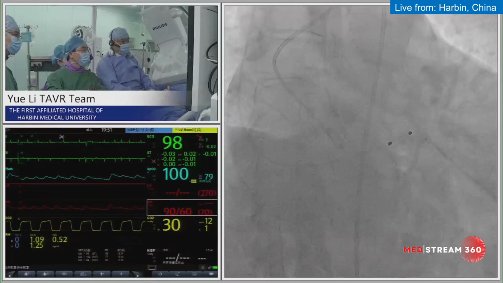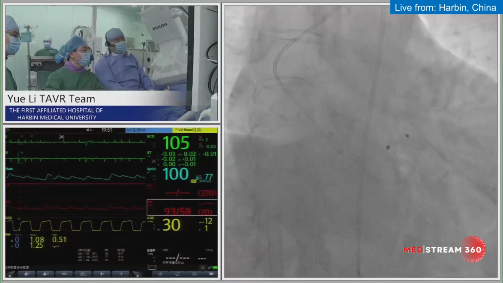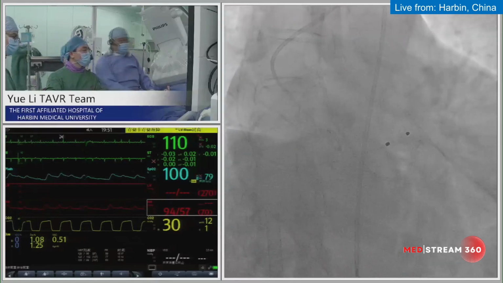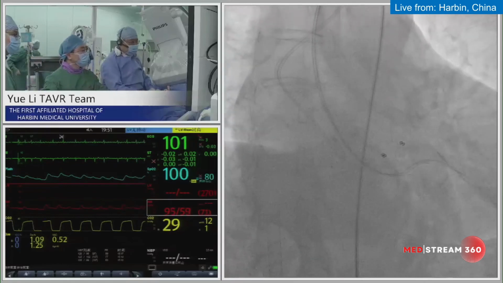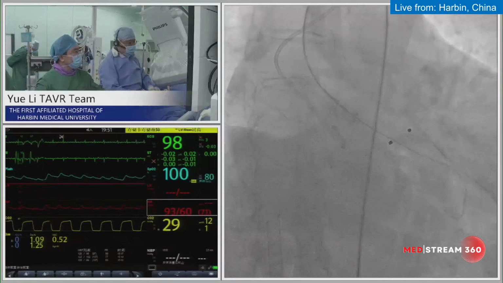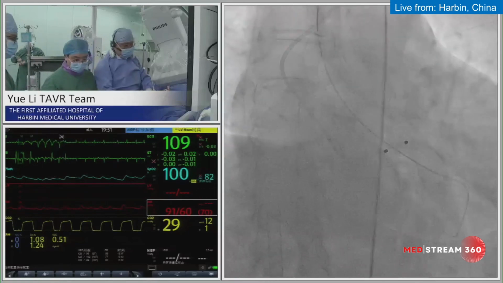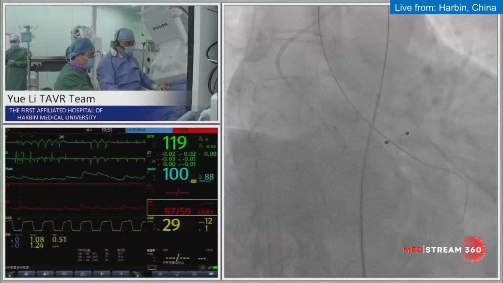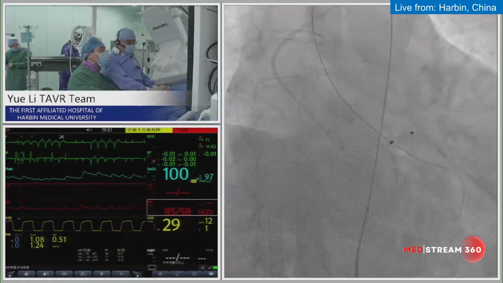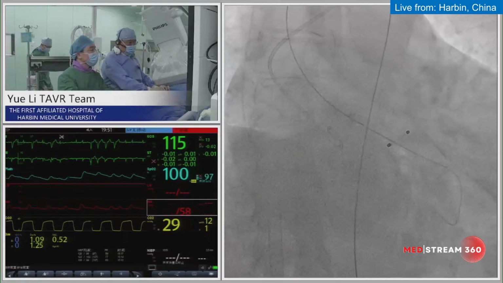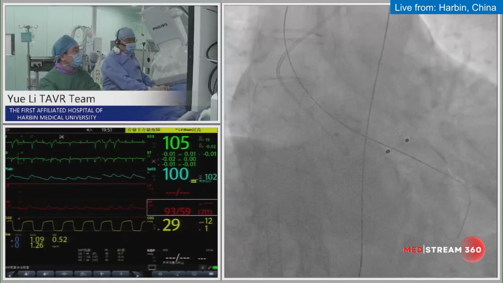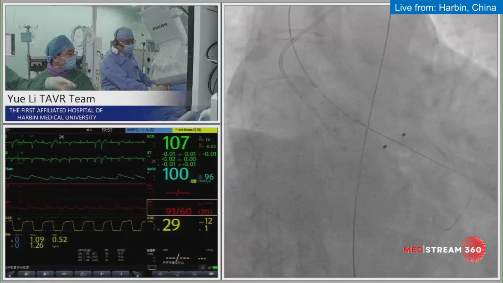Dr. Sun just successfully crossed the valve using the guidewire and the AL catheter. Now we will exchange the guidewire, changing the straight guidewire to the J-head guidewire.